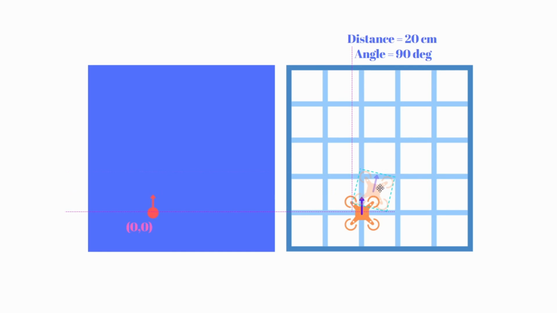So it will start moving like this. At the end of the day, it has moved, let's say, 2 blocks, and it has rotated 90 degrees. How can we find the coordinates of where it is now? I'm just assuming that it is here, but how can we actually find these coordinates?